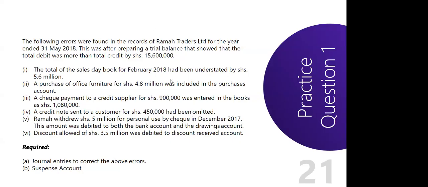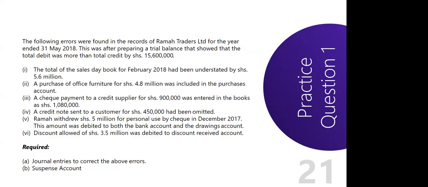So in our scenario, we shall start with the required. It's always good to start with the required so that you know what you're going to handle. Required: we have to prepare journal entries to correct the above errors, then prepare also a suspense account.